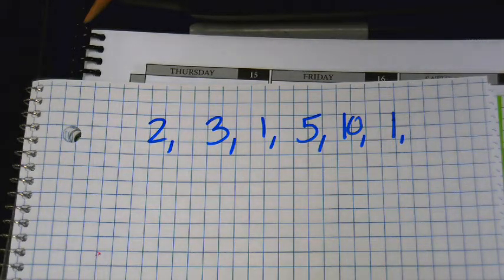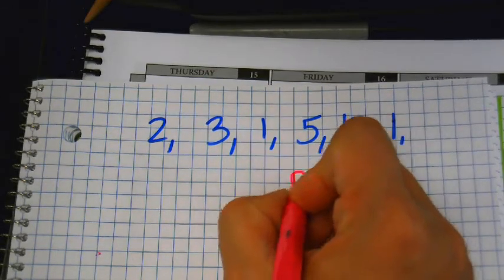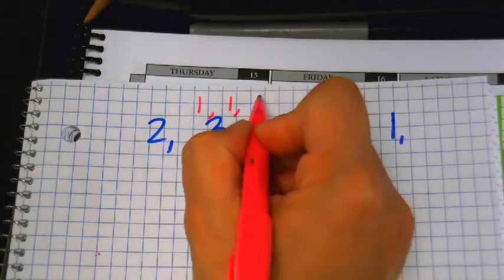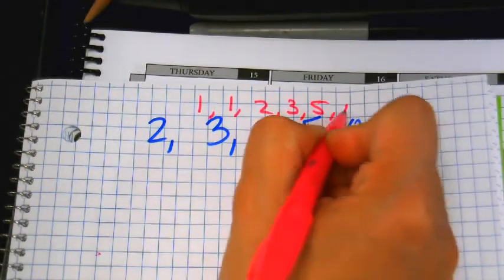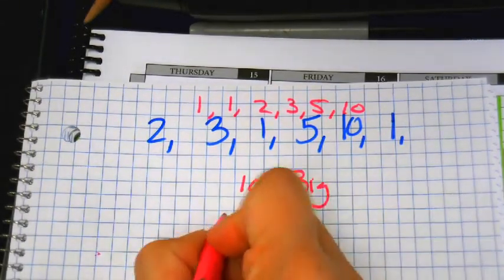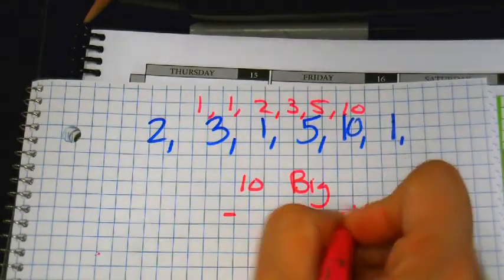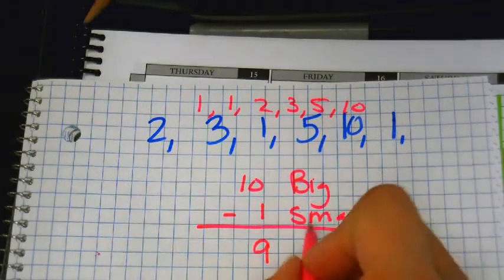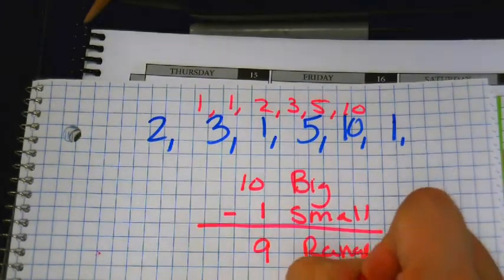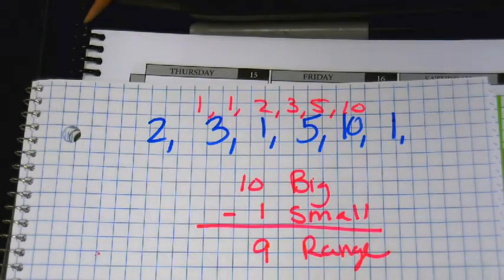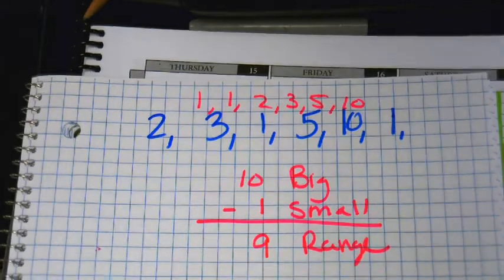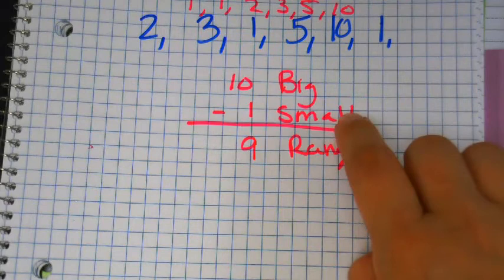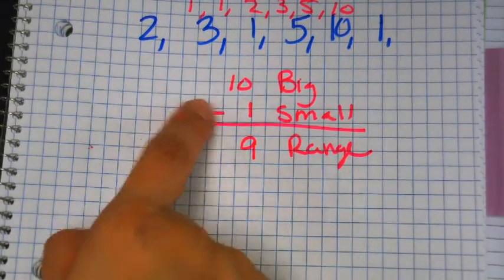What's the biggest number? 10. What's the smallest number? 1. What is 10 minus 1? 9. That is your range. So your big number is 10. Your small number is 1. So 10 minus 1 is 9.